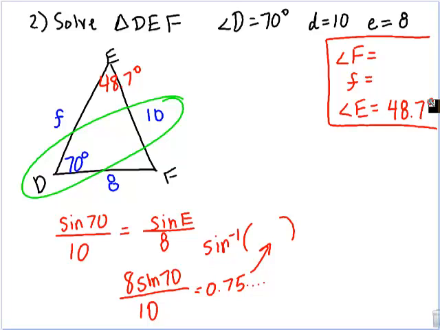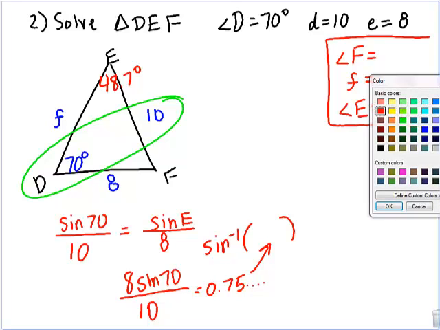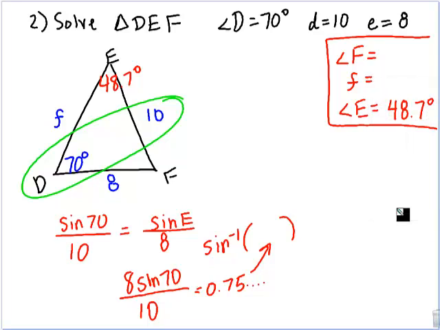Just add them together and subtract from 180. Yep, add them together and subtract from 180. So I have 70 plus 48.7. What do we get when we add those two together? 118.7.